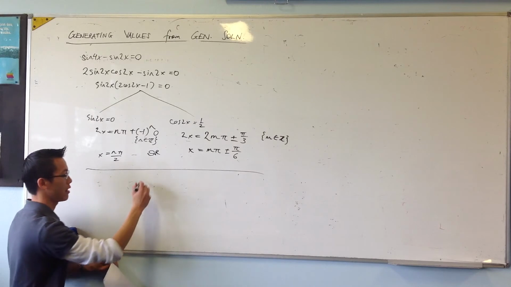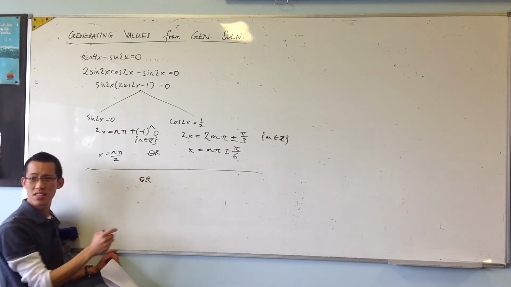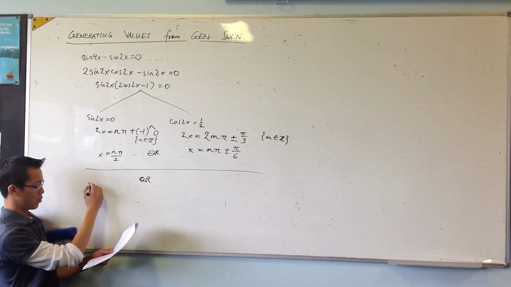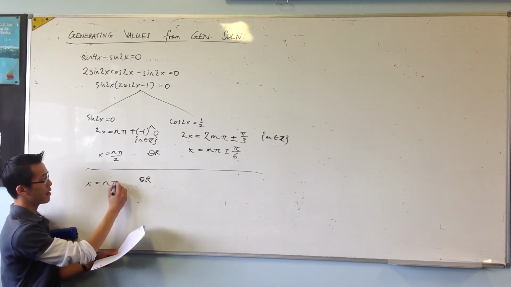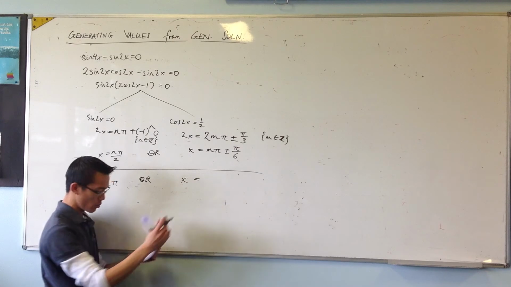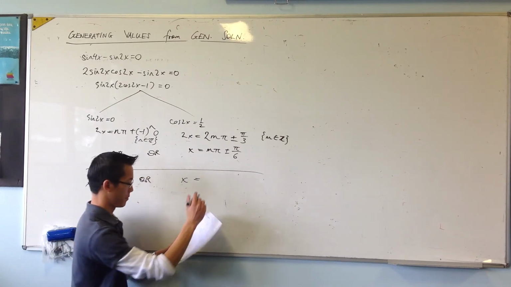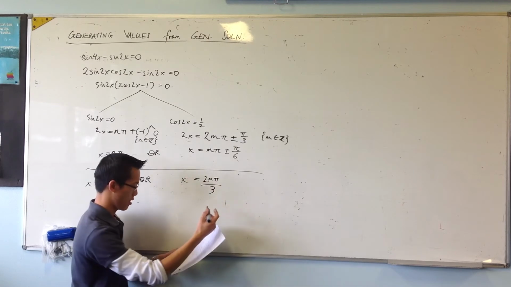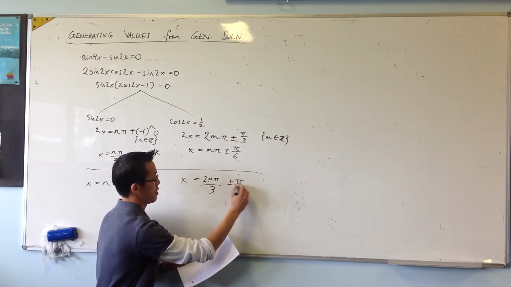They also have an or in their answer, but the two things on either side of their or aren't the two things we've got. They've got x equals n pi, or x equals 2m pi on 3, or 2 thirds, right? Plus or minus pi on 6.